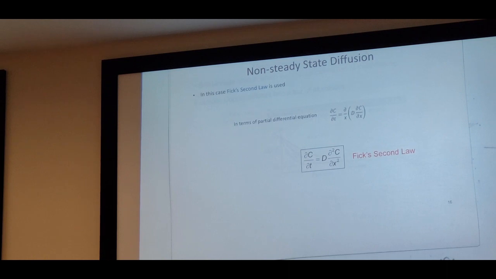After 1 hour, maybe 10,000. Agreed? That is called non-steady state diffusion. Remember, it is a time-dependent diffusion. No steady state is reached, so it is a time-dependent process.